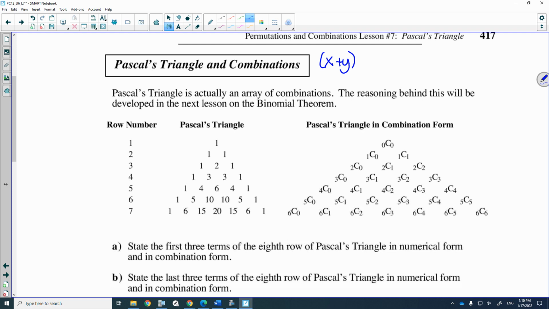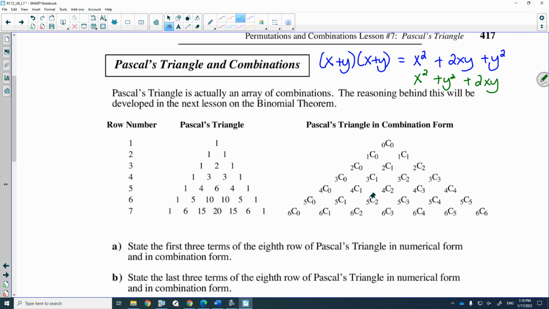If I said x plus y to the power of 2, we know that that would be x squared plus 2xy plus y squared. That is the expansion of x plus y to the power of 2. Doesn't matter how I write those answers. So could I change it to be x squared plus y squared plus 2xy? Yes, right? That's the same answer. So because order does not matter, it is therefore going to be a combination.